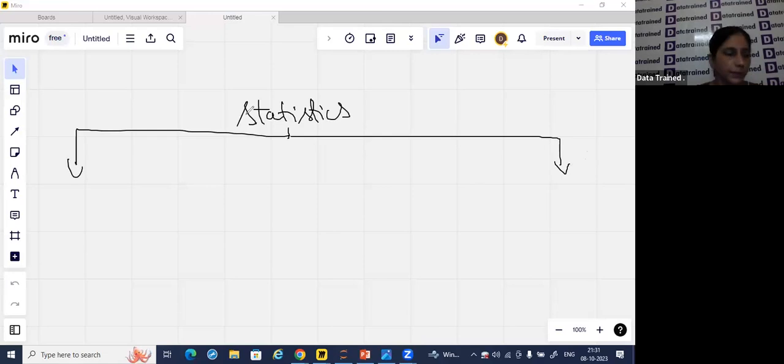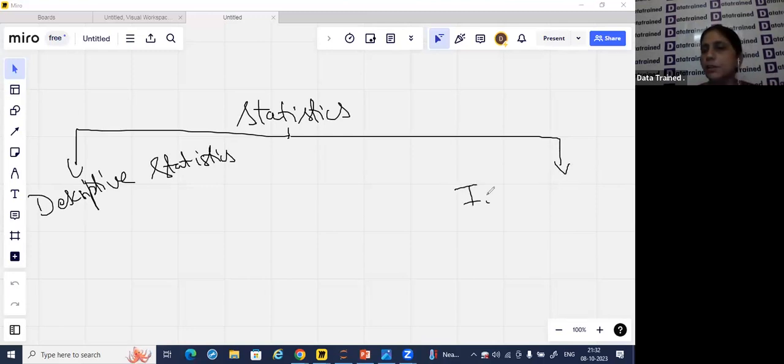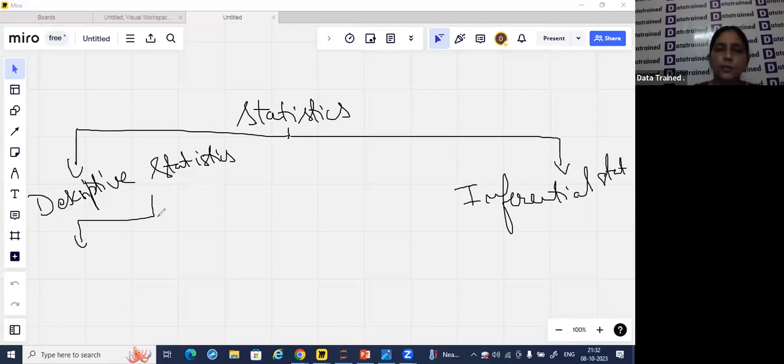Very good answers. So you are saying, ma'am, there are two categories, descriptive statistics. And the second one you are saying? Very good, good responses. So you are saying inferential statistics. When we talk about the descriptive statistics, there are two bifurcations.